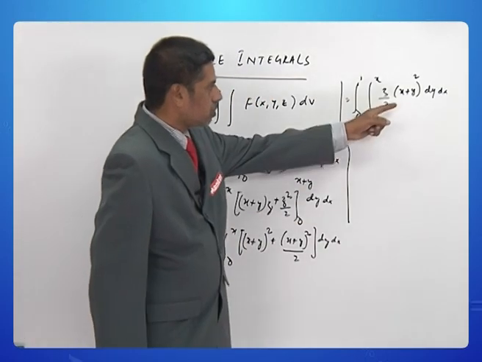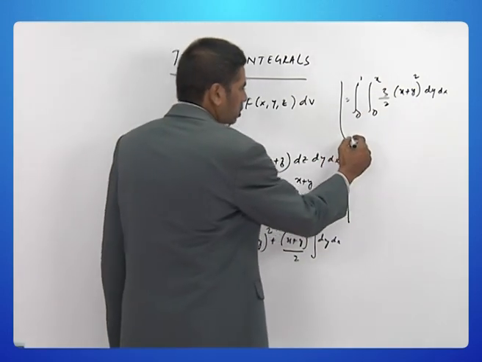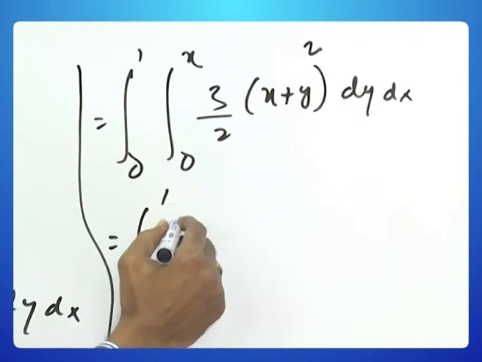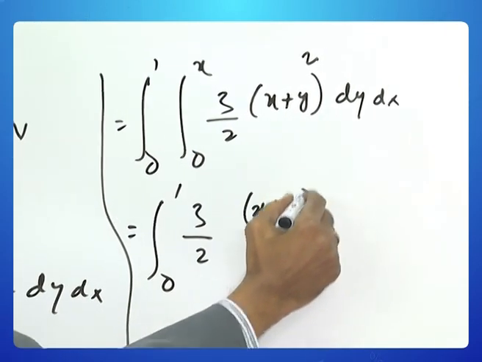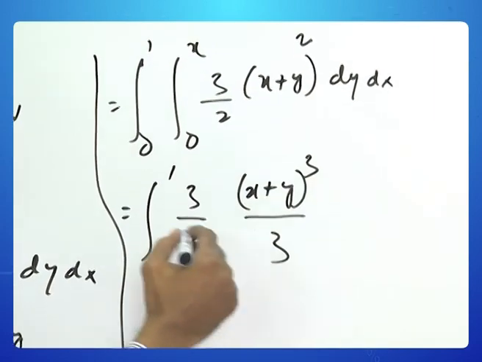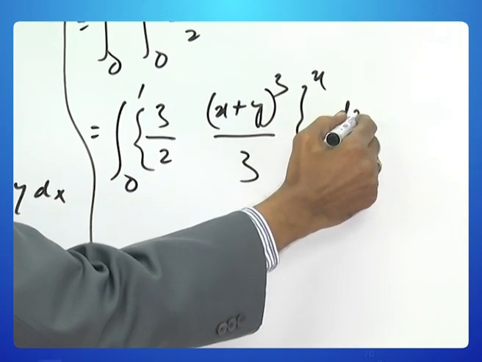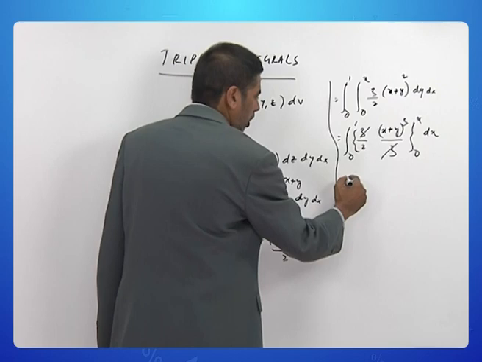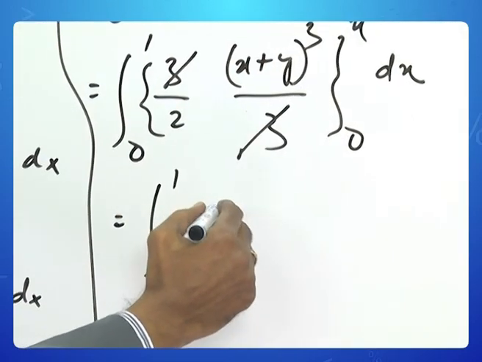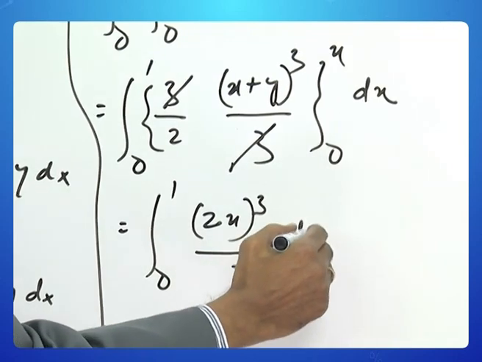Again, the student need not expand this and then integrate. x is a constant, therefore you can directly integrate this as x plus y whole cube by 3. So when you apply the limits, you will get 2x whole cube by 2 dx.